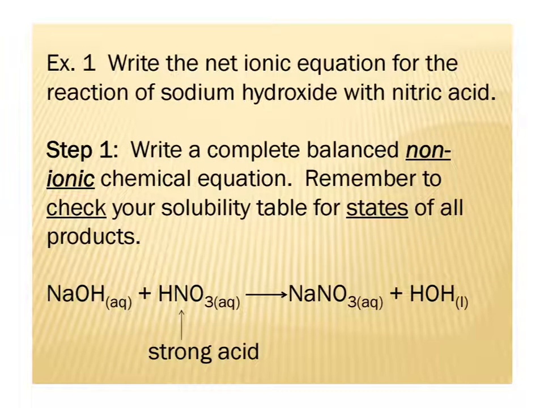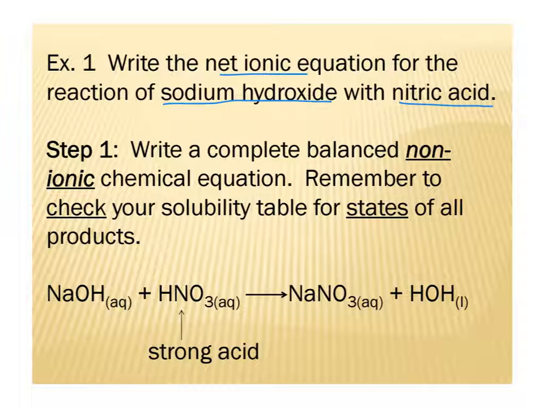So let's look at an example. We are asked to write the net ionic equation for the reaction of sodium hydroxide with nitric acid. So our first step is to write a complete, balanced, non-ionic chemical equation, just like we've done in previous courses.